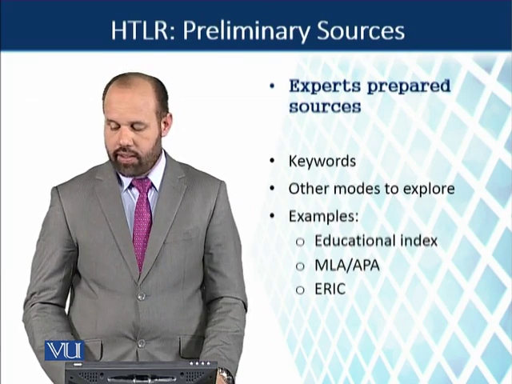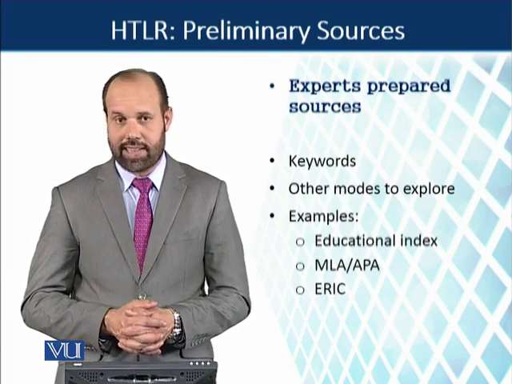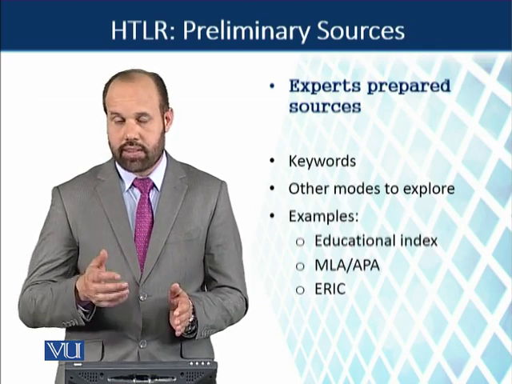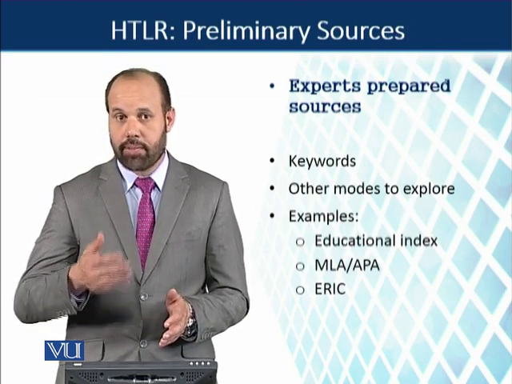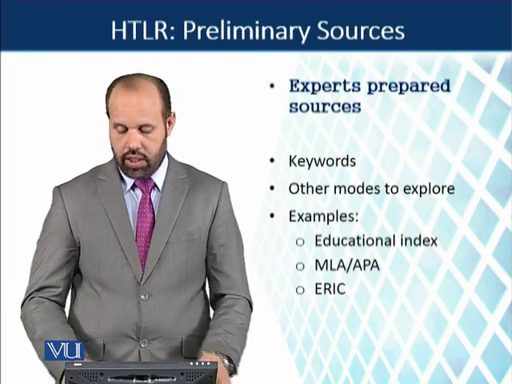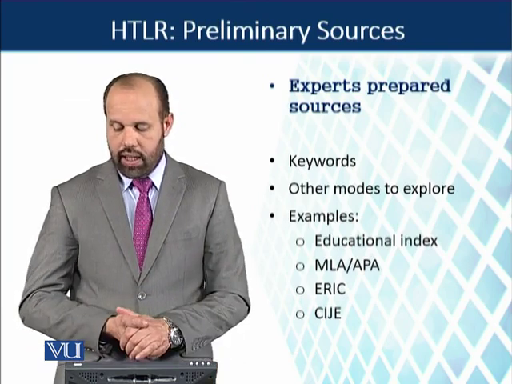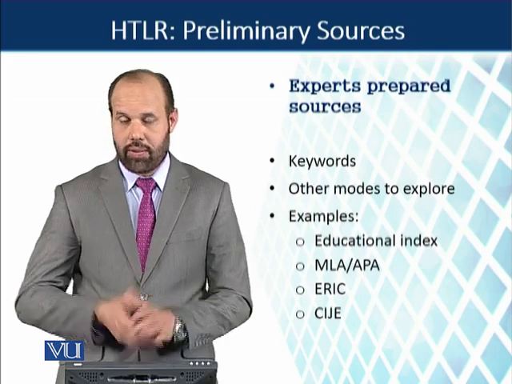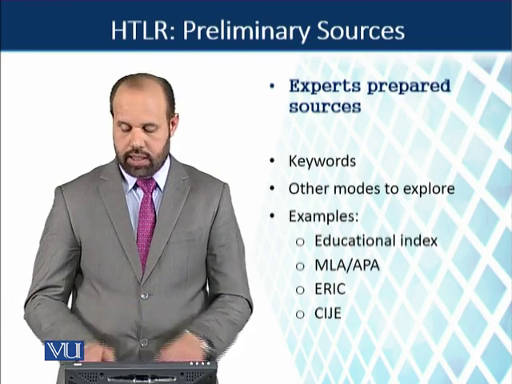Then we also have ERIC, Educational Resources Information Center, one of the most used databases as a preliminary source and for accessing primary research. And there are some others also, like CIJE, Current Index to Journals in Education, right? So education-related topics could also be accessed using this database.